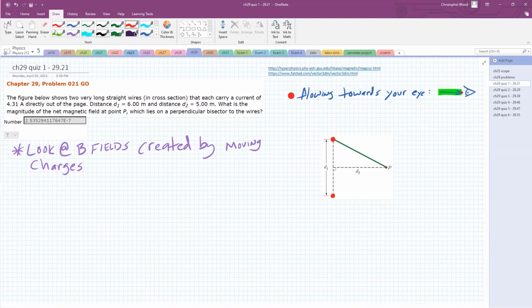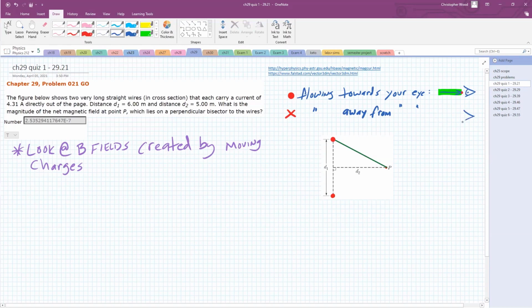When you see an X, it means flowing away from your eye. So here's your eyeball once again, and you see it flowing away from your eye.